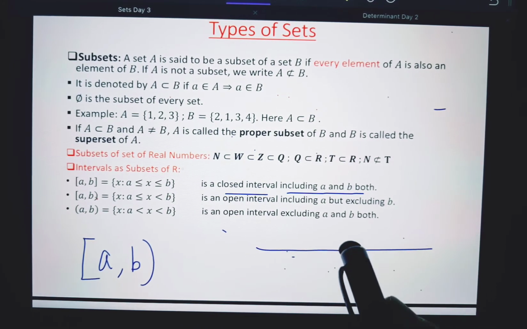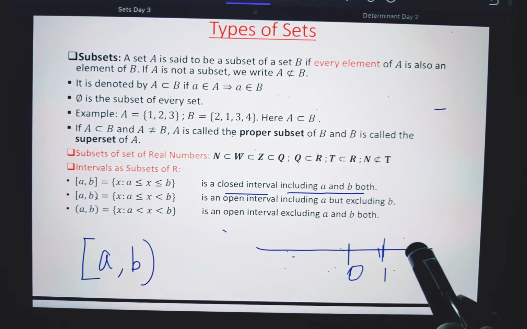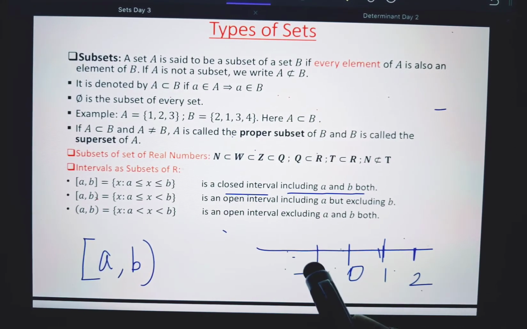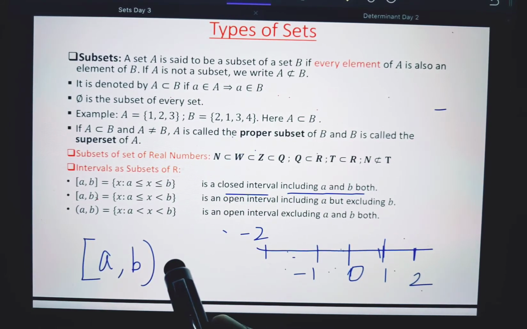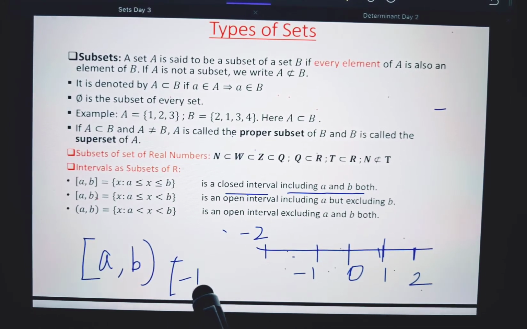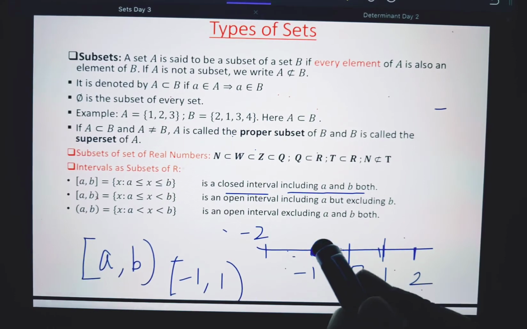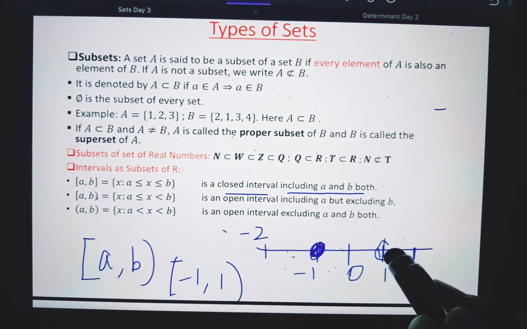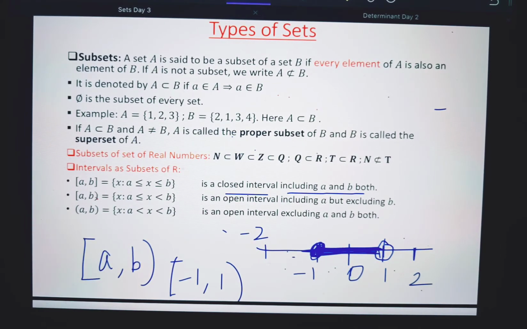So if I have a number line like this, it is 0, it is 1, this one is 2, this one is -1, this one is -2. If I have this one as from -1 to 1, what happens? I will give it a circle and darken it, and I will have a hollow circle here, and it will be from here to here. Understood? Clear? That's what it means.